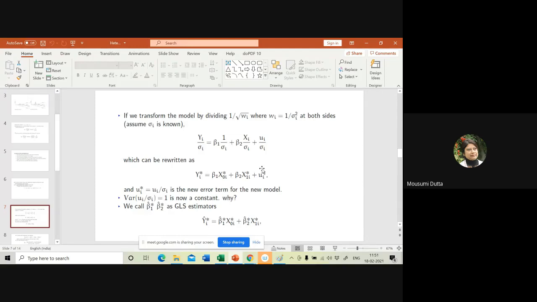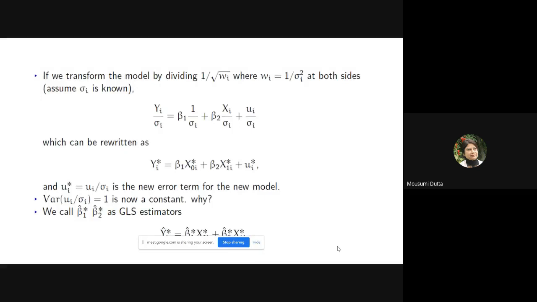So you can either write this variance as sigma i square is equal to, say, sigma square into xi. Then also it is varying, because xi is varying when I am changing the observation. So we call it sigma i square is known up to a multiplicative constant.